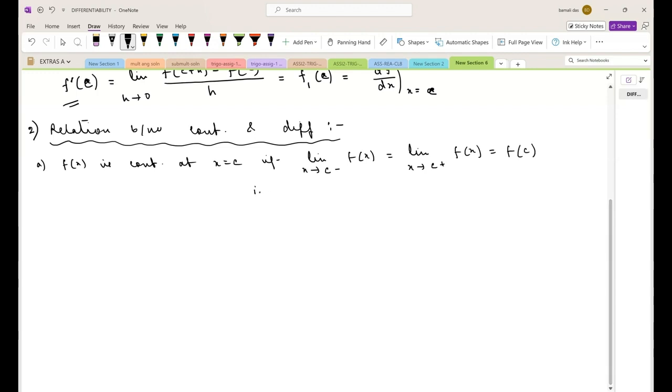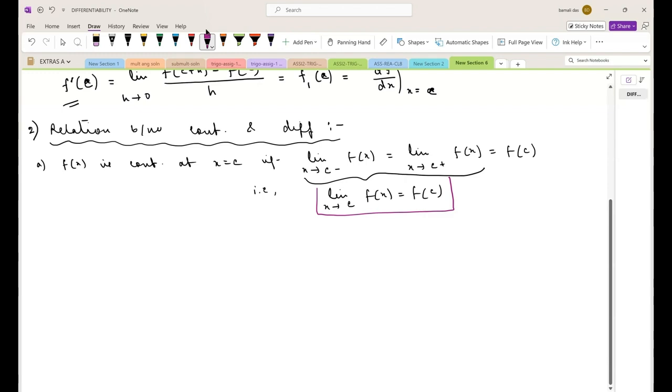If we combine these two together, then limit x tends to c of f(x) equals f(c). So in a more compact form, this is the definition of continuity.